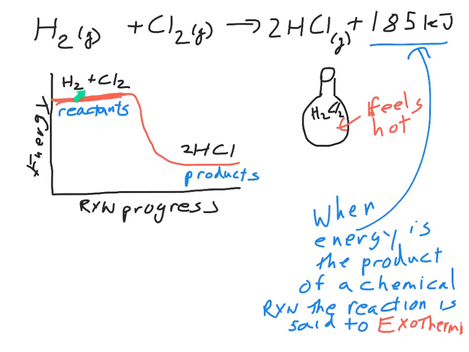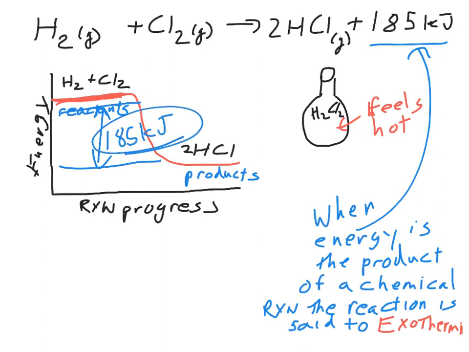The amount of energy stored inside our hydrogen and chlorine molecules is greater than the amount of energy stored in our hydrogen chloride molecule. As a matter of fact, their difference in energy is, guess what? That 185 kilojoules there that it releases. So the energy that it's able to produce comes from the internal energy of the hydrogen and the chlorine.